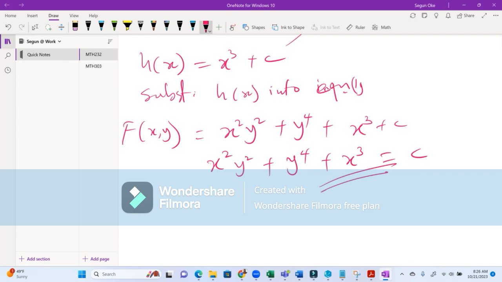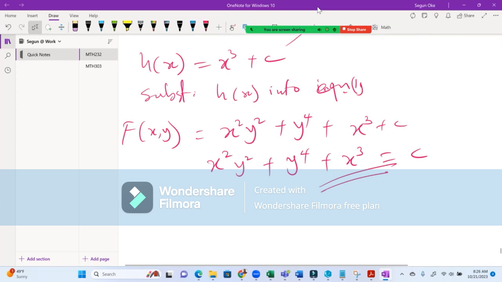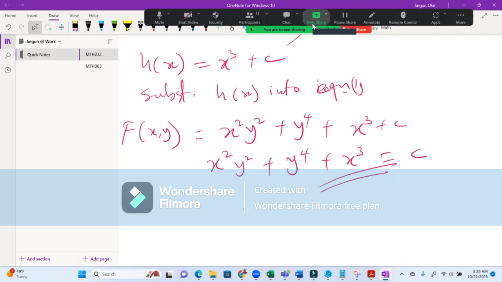Any question? How many of us got this one? You try it and you have the same thing, or you try it and you have other things, raise up your hands. Nobody. Okay, guys, I will strongly advise you to take advantage and make sure you solve them.